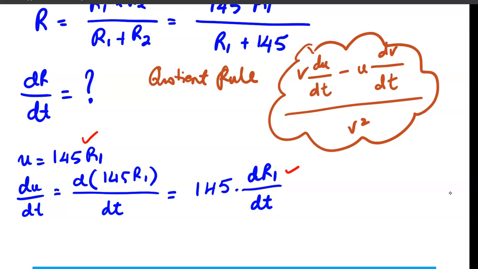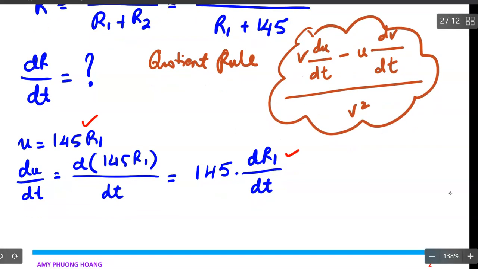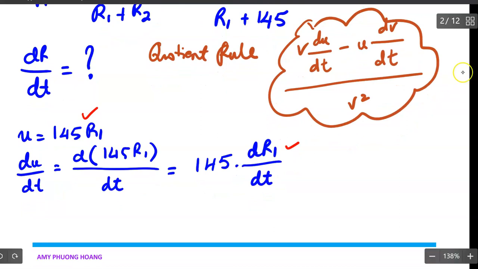And the quotient rule, we always remember: v du over dx subtract u dv over dx, divided by v squared. But our u and v, we have to differentiate in terms of time. So I now switch it into terms of time here.